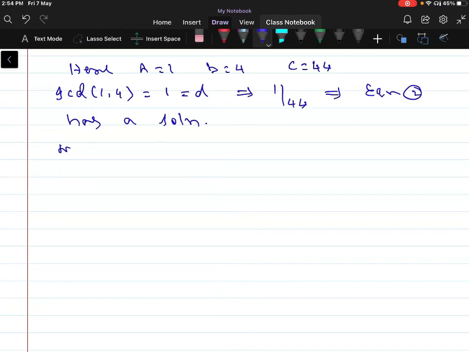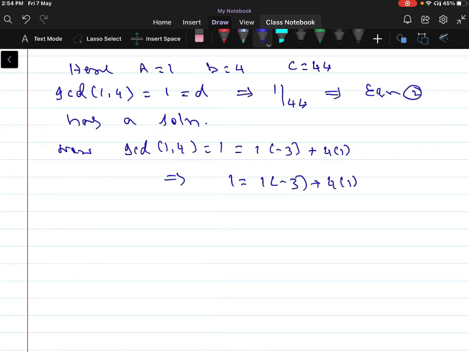Now, the GCD of 1 and 4 is equal to 1, so this can be written as 1 into minus 3 plus 4 into 1. So multiply by 44 on both sides.